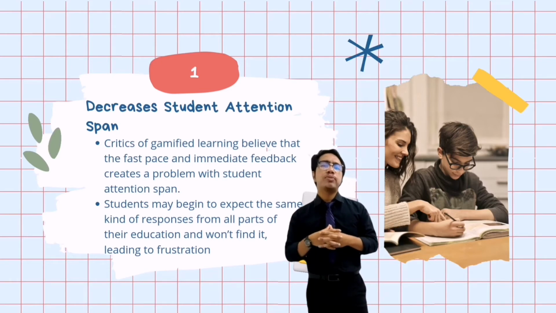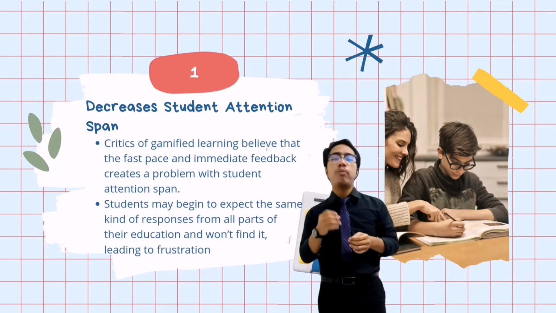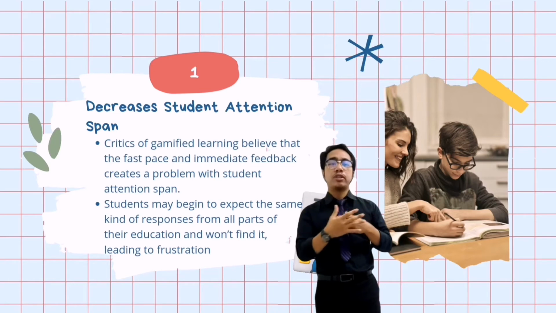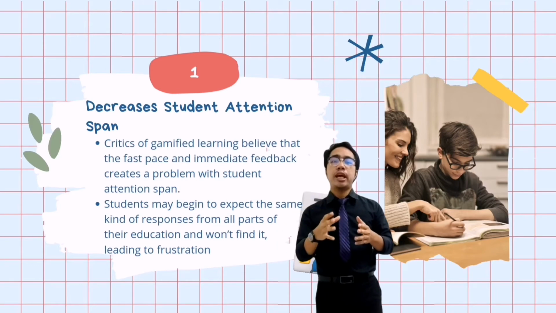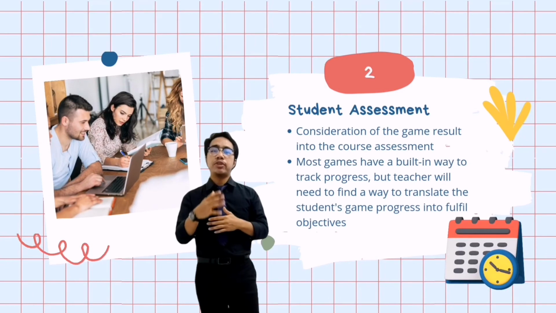Students may begin to expect the same kind of responses, the same kind of treatment, from all parts of their education. And if the course, the subject, or the teachers don't provide it, they will find it not interesting and become frustrated. Next, student assessment.